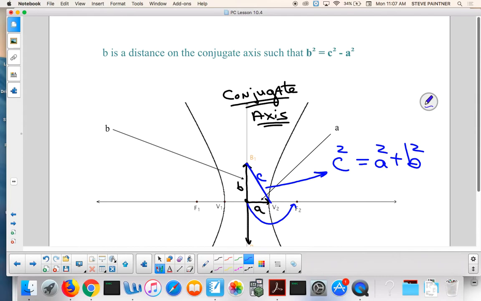So the Pythagorean theorem goes with this hyperbola. But if you have to make a picture on your formula sheet, make the picture. This triangle goes with hyperbolas, where this triangle over here goes with ellipses. Okay? And you gotta know that, because this is how you get your A's, B's, and C's.